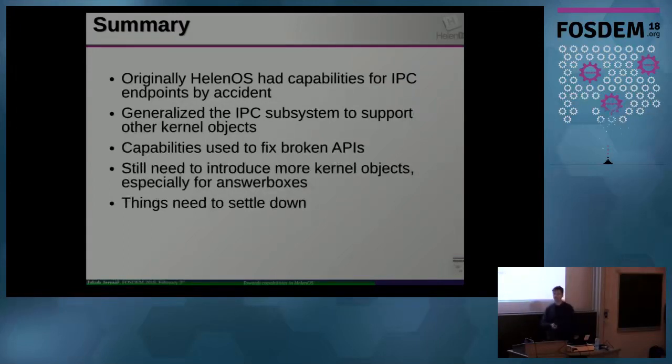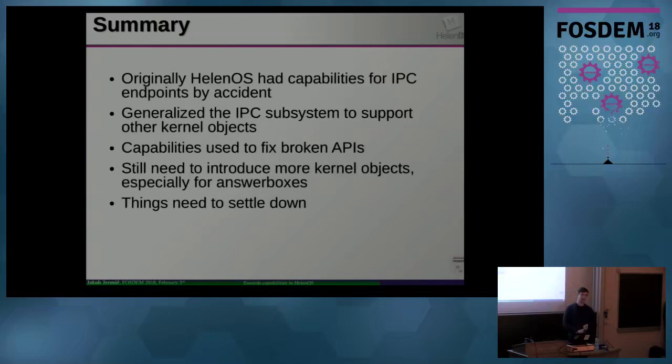And anyway, we took this foundation and extended it so that it's more generic and contains more capability types and kernel objects, to the point in which we were able to fix some of our broken APIs. Fixes for some other cases, like the one with passing BFS handles, still need to wait until we can have multiple answer boxes per task.